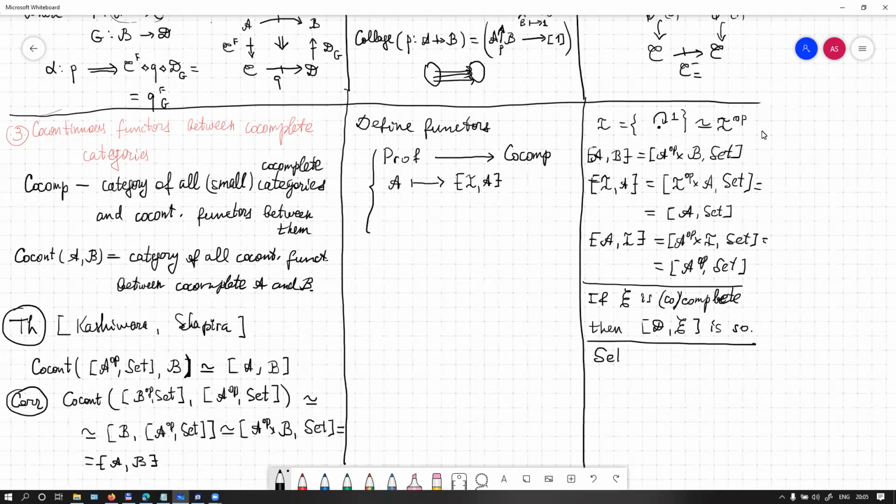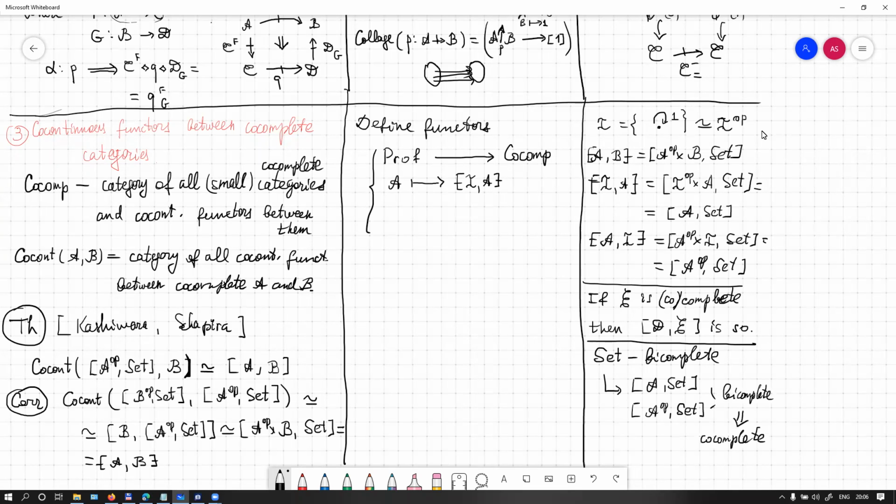Set is a bicomplete category. So from this it follows that functors from A to set and functors from A op to set are both bicomplete. In particular, they're co-complete.